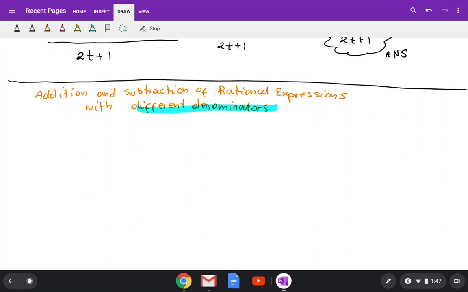So let me write the first step. Step 1, factor the denominator of each rational expression.